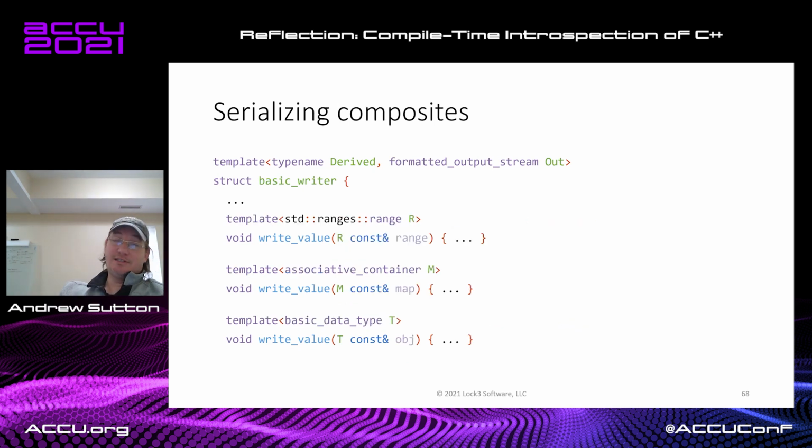And if we only had these three overloads, then we wouldn't have to do anything else. Because if I instantiate with a character string, assuming it refines range, overload resolution will just pick that up. We're basically ordering overloads based on their constraints, and we can choose the right things based on what we get. Same with associative container. An unordered map would be a range, but it's more of an associative container, so we're going to pick that particular overload.